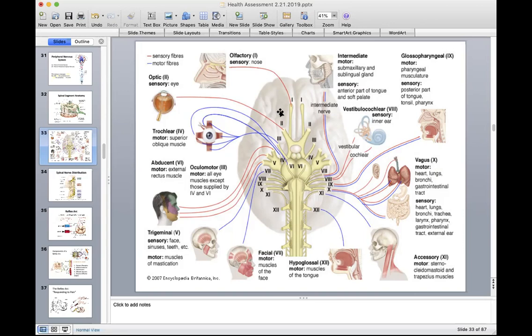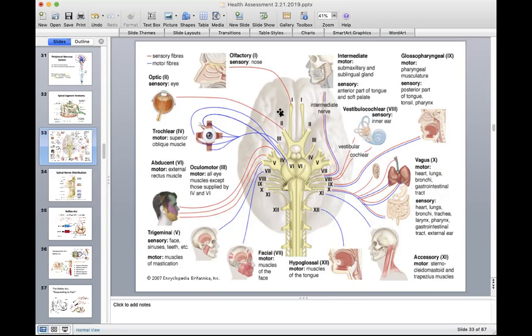9 is glossopharyngeal, and it's the pharyngeal musculature. So I don't usually put anything in their mouth to test the sensory part, but I usually just make sure that they are able to move all the musculature in their pharynx. 10 is the vagus. Remember, the vagus has that heart, lung, bronchial, GI tract connection.